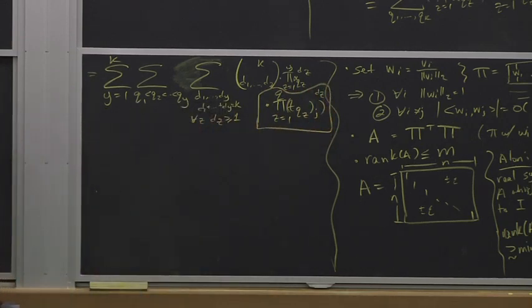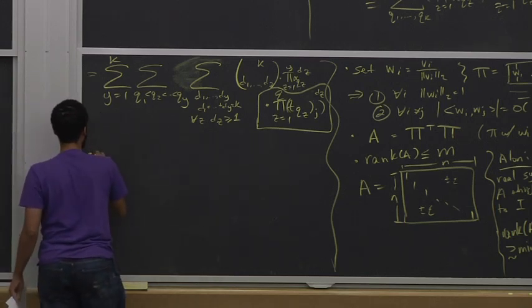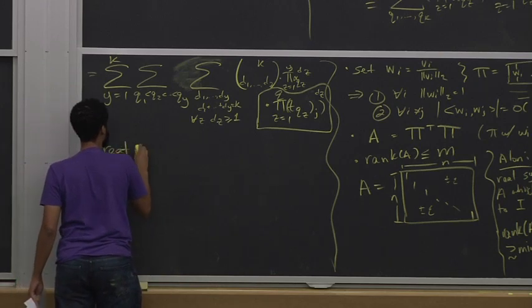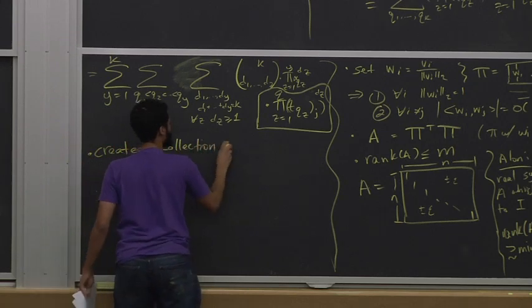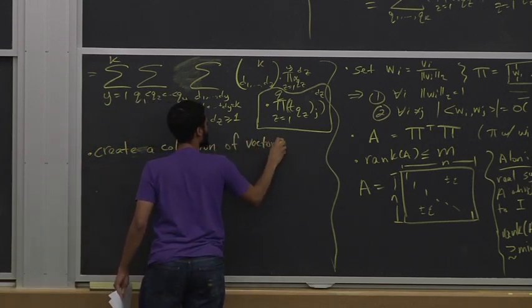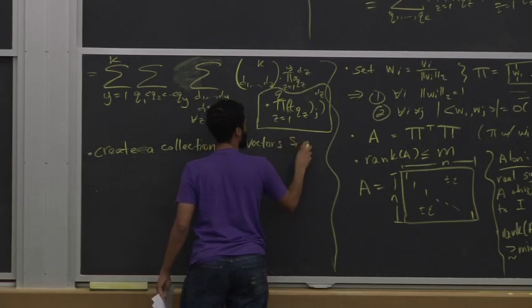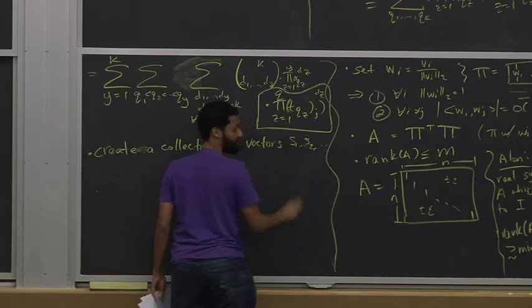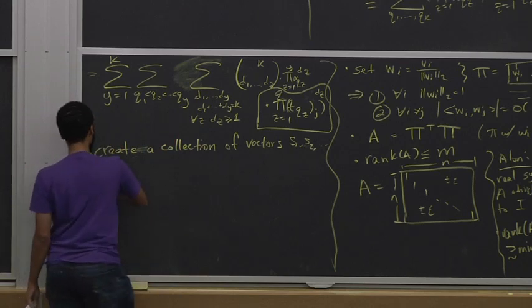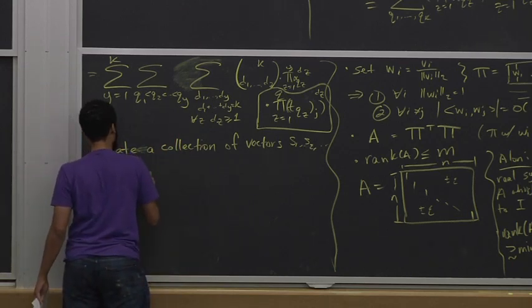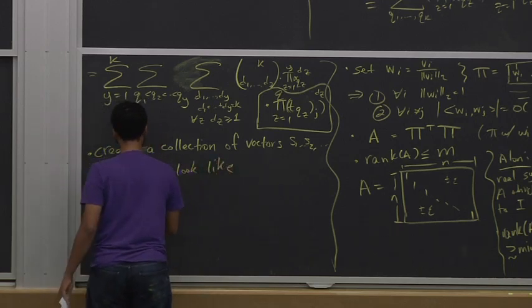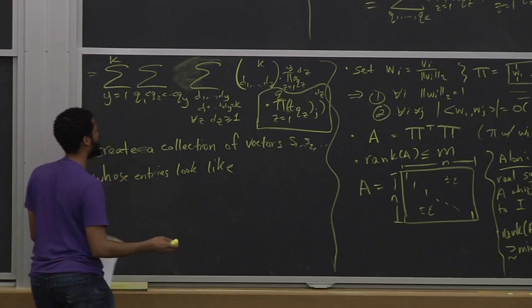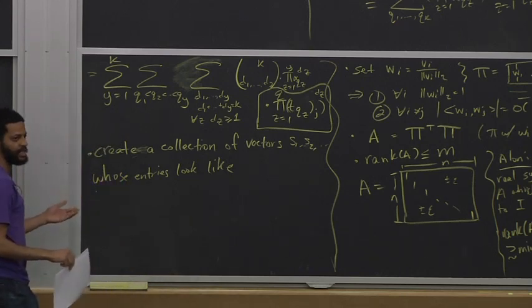Okay. So create a collection of vectors S1, S2, etc., whose entries look like this. These are going to be the same dimension. They're going to be n-dimensional vectors, just like the t's were.